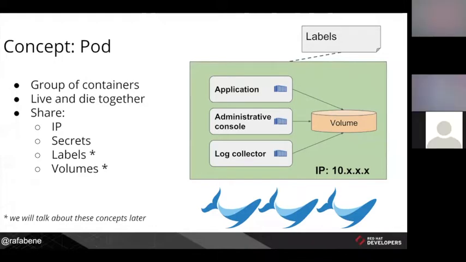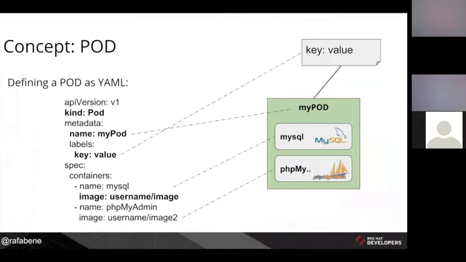And how do I specify a pod? Well, we can use JSON or YAML files. But in this case, I'm using YAML because the syntax is clearer. So you have a definition in a YAML file where you say that the kind of object is a pod. Then you have a specification of the pod and a metadata. The metadata is simple.